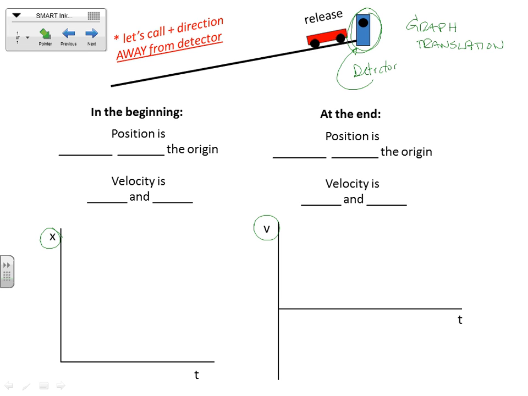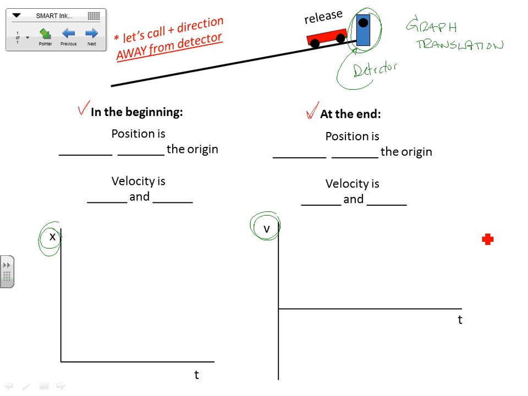So what we want to do is say, for each one of these situations, if we do what the situation describes, what's the position in time graph going to look like? What's the velocity in time graph going to look like? To help you out, I added these little prompts here. They talk about what's happening in the beginning and what's happening at the end, and that's ideally going to help us draw the graphs correctly.